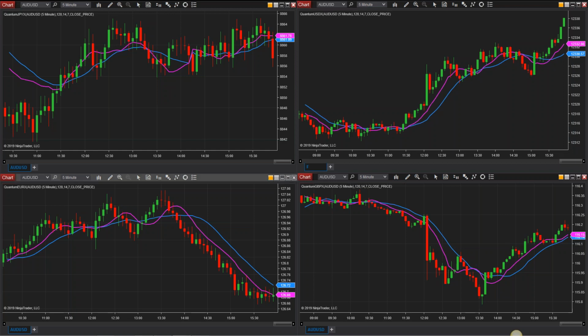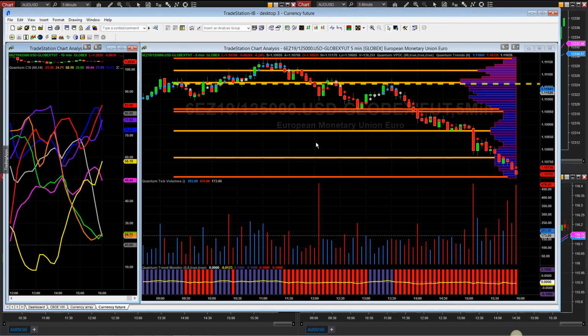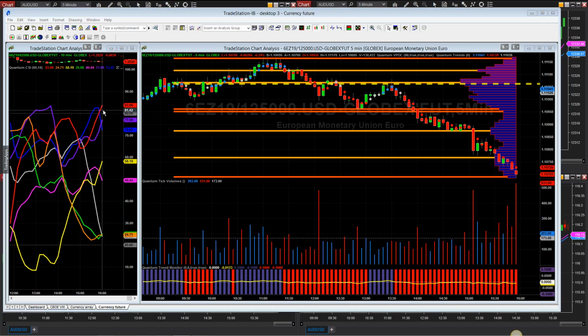Just to pick up on what I said earlier, here we are, this is the euro, this is the 6E, the futures contract for the euro dollar. This is the CSI again, we're now on TradeStation. These are the indicators we're currently working on, currently porting them over to this particular platform. This is actually being driven by Interactive Brokers.